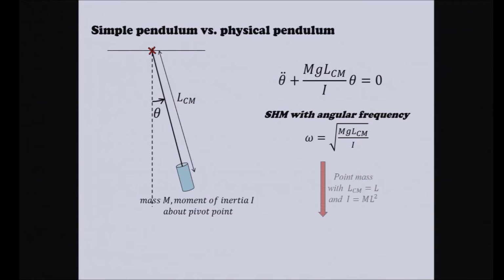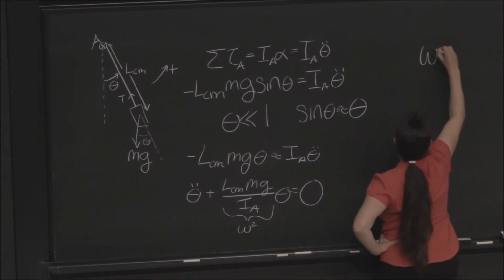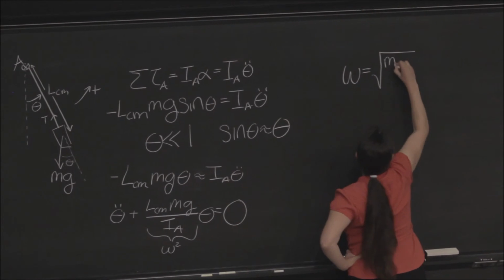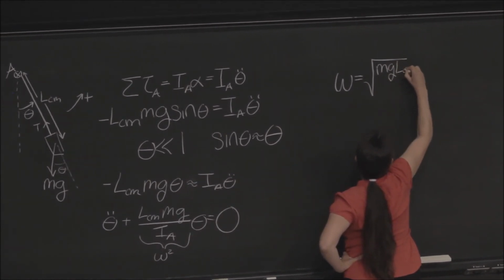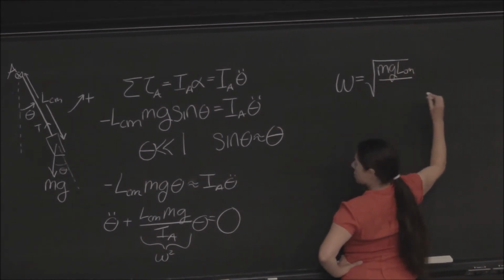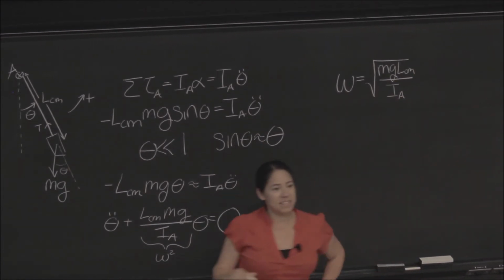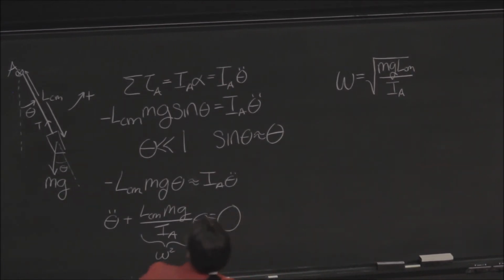Okay, so we end up with this answer for omega, but as was very astutely brought up, what if this thing is a point mass? Well, let's see what happens. We have omega equals the square root of mg L_CM all over the moment of inertia at point A. If this thing's a point mass, then what's its moment of inertia? m L squared.